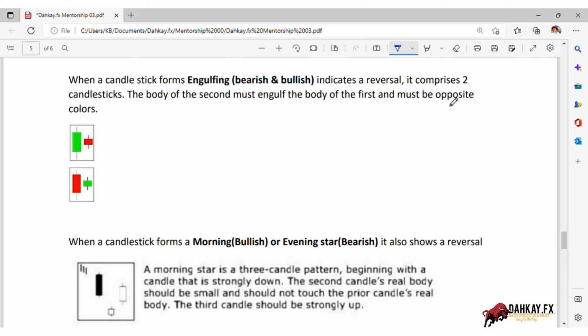It comprises two candlesticks. The body of the second must engulf the body of the first, and they must be opposite colors.